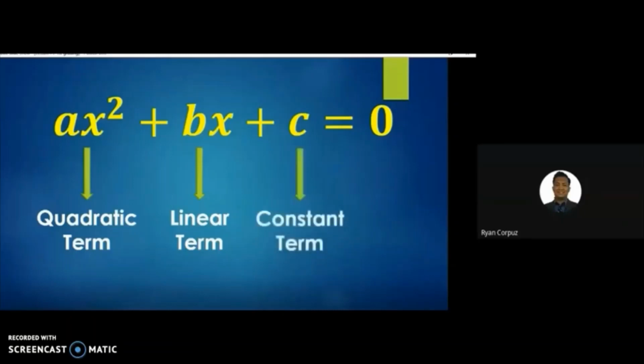And the third term is called the constant term. So again, in a given quadratic equation, the first term is the quadratic term, the second term is the linear term, while the third term is the constant term.